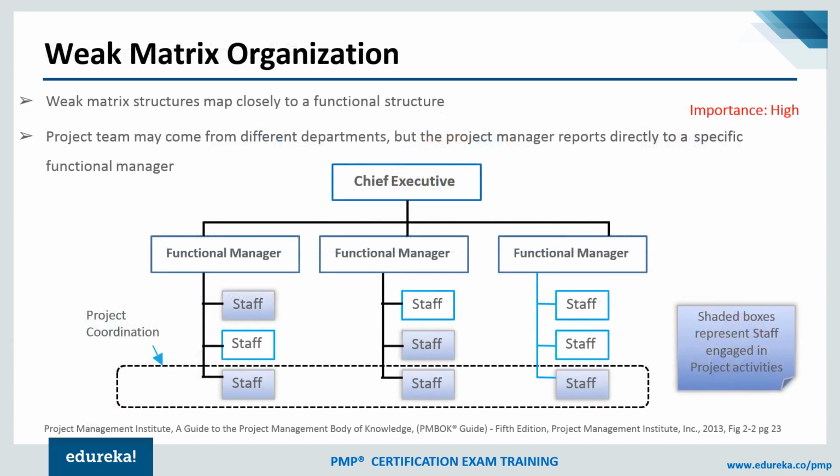Okay, so the next type here is the weak matrix organization, which is slightly different but inclined towards a functional organization. In the same example, functional managers will identify the respective staff or team member from their function, and they will give one person an authority, and that person may be called a project expeditor or project coordinator.